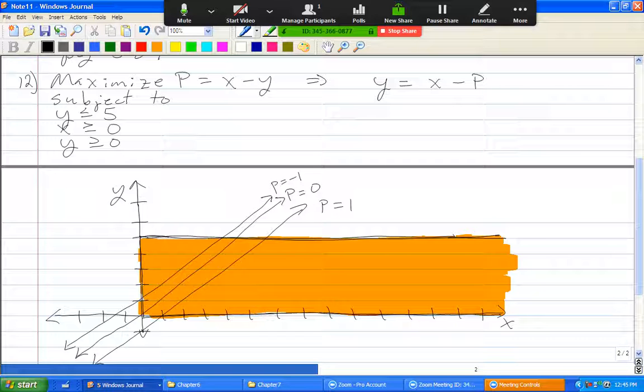P equals -1. Oops, of course I put in the wrong one. That's 1.